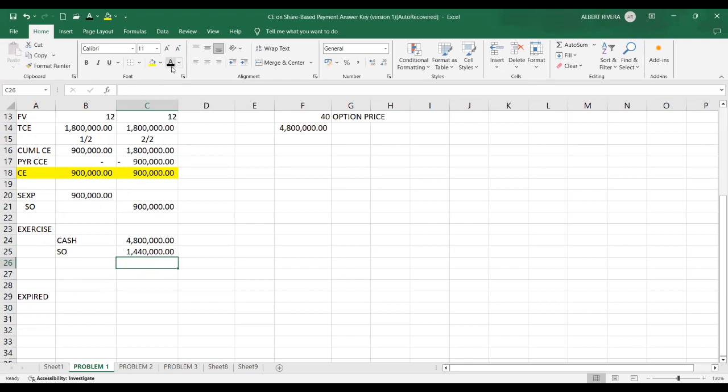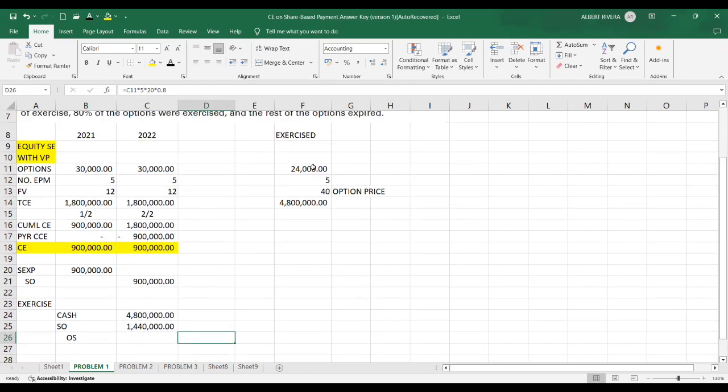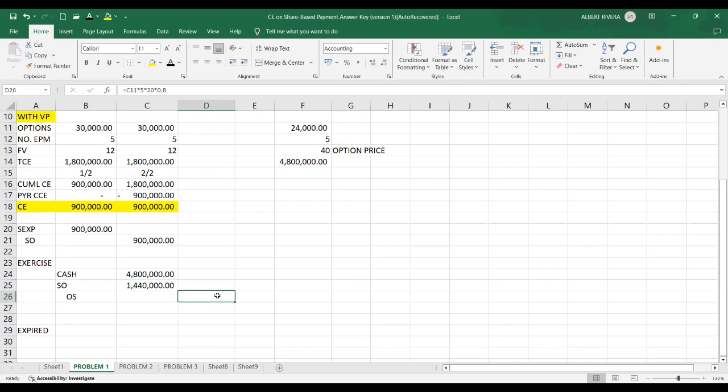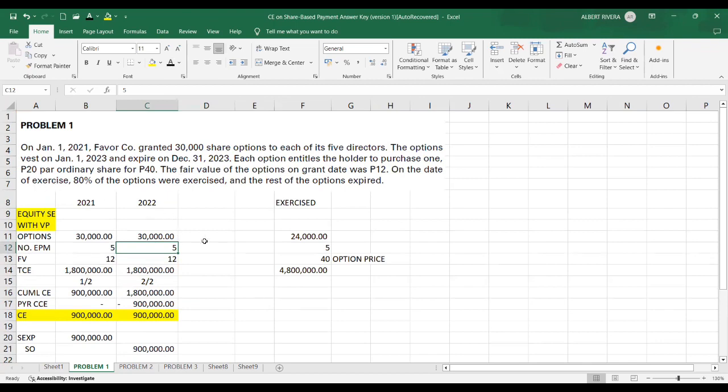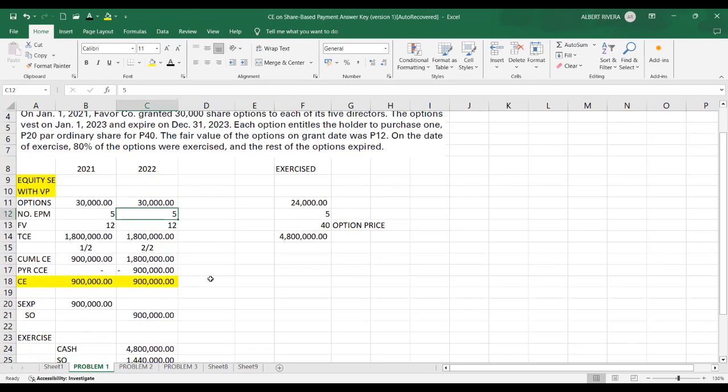Ano binigay mo? Shares. So meron ka dito ordinary shares, and the ordinary shares should always be equal to the par value. Okay? So ilan ulit ang options na in-exercise? 24,000. Okay, 24,000 times 5 employees times the par value of the share of 20. Let's compute. So sige, simulan natin sa 30,000 times 80%, no?